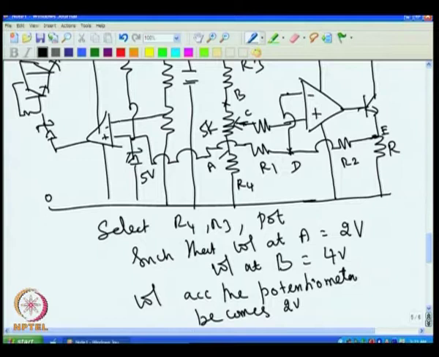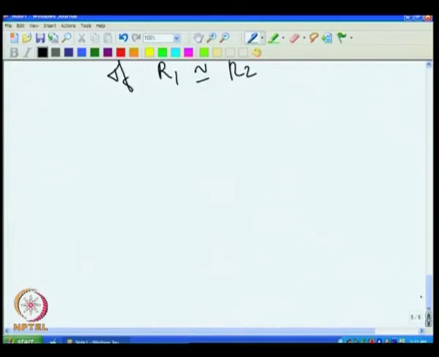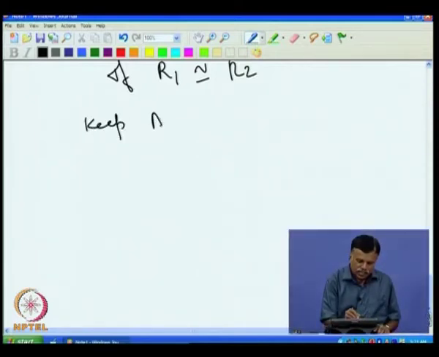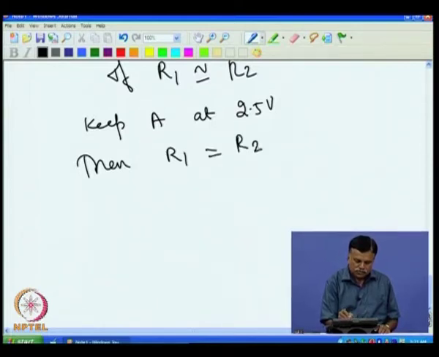So, I keep A at 2.5 volt, then R1 can be kept equal to R2.